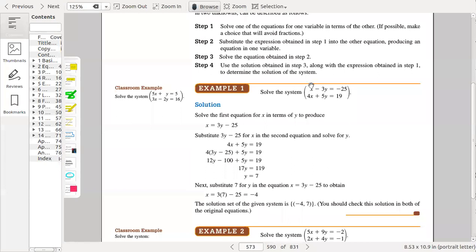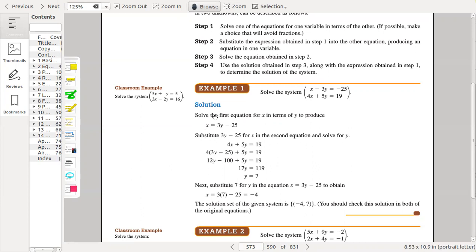We can leave x on the left hand side and transfer the minus 3y to the right hand side. We have the value of x in terms of y: x equals 3y minus 25. Substitute 3y minus 25 for x in the second equation and solve for y.